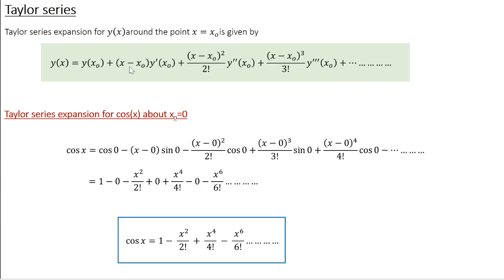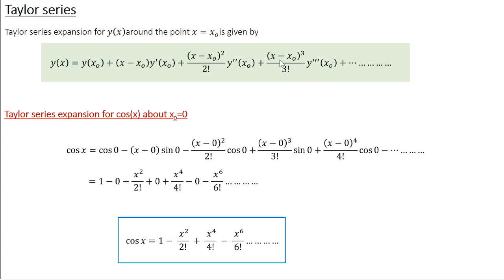Why? Because as I said, x naught is very close to x, so x minus x naught is a very small quantity. For example, let me say this is 0.1. So in the first term I have the value 0.1 here. In the second term I have 0.1 square, which is 0.01, which is smaller than 0.1.